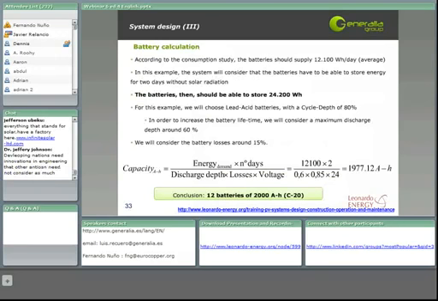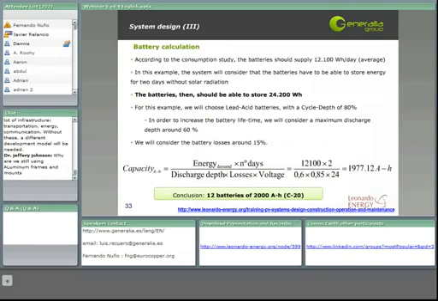In this example, we have chosen lead-acid batteries with a cycle depth of 80%, because we have already told you that these are the most typically used type of batteries for static energy storage.